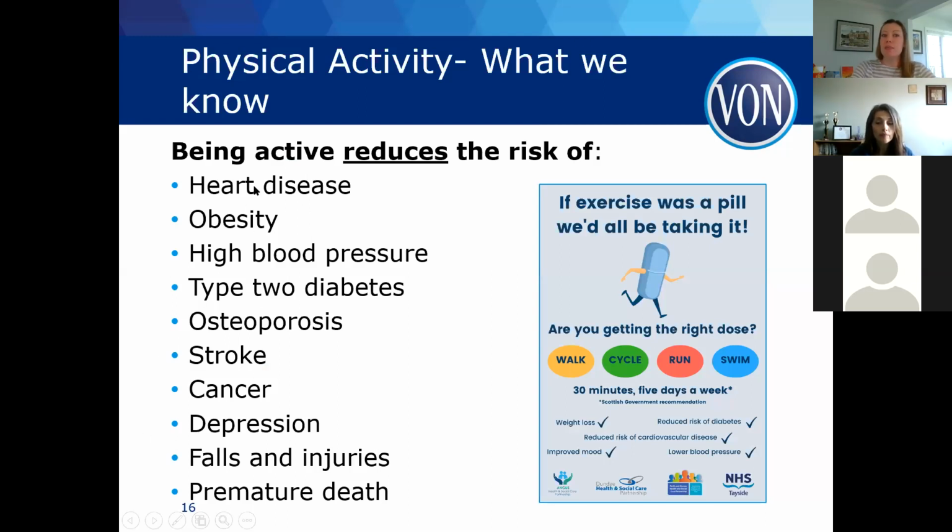It says that being active reduces the risk of heart disease, obesity, high blood pressure, type 2 diabetes, osteoporosis, stroke, certain cancers, depression, falls and injuries, and premature death. And a lot of these conditions actually have symptoms that could put us at a greater risk of having a fall as well. So it's multimodal in how it impacts everything in that way.